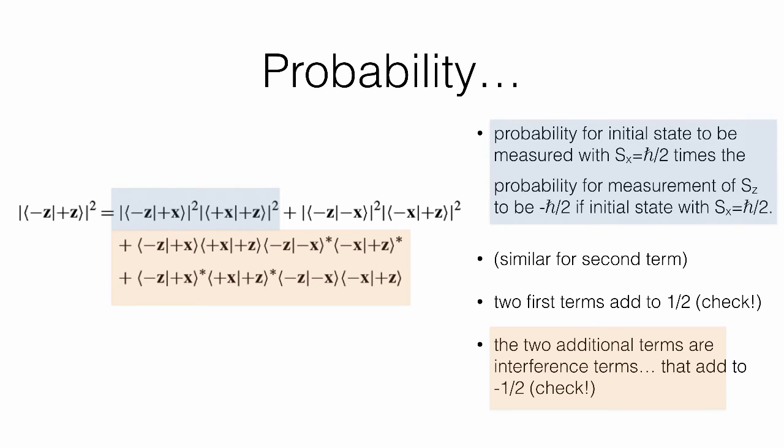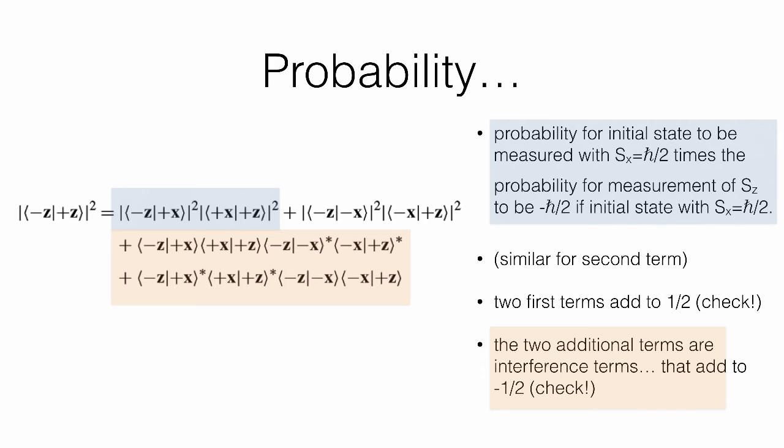We have the probability of finding a state measured in Sx equal h bar over 2 times the probability of measurement of Sz to be minus h bar over 2 when the final state corresponds to plus x. This is the blue box. And we have the similar thing for the second term. And finally, for the other two terms, we have some cross product.